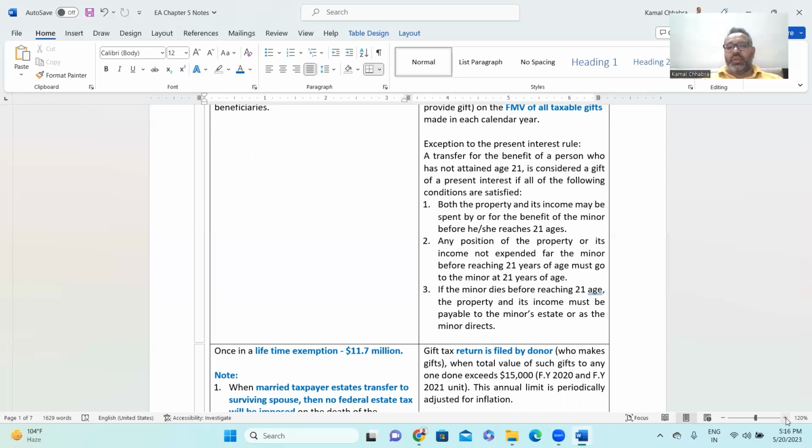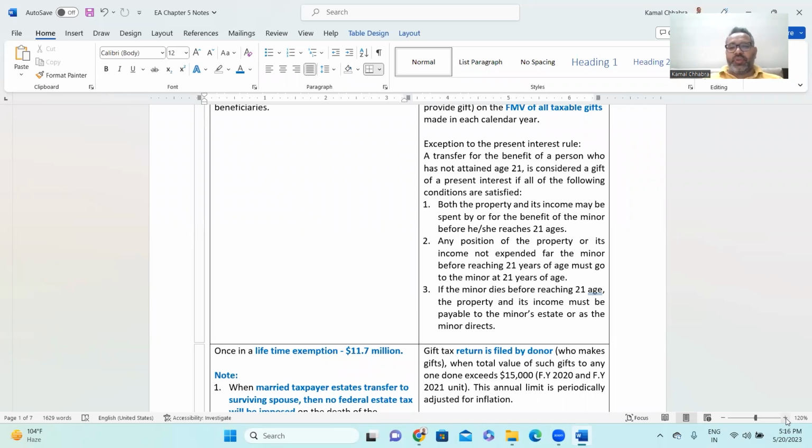First, both the property and the income may be spent by or for the benefit of the minor before he or she reaches age 21. That means the amount you are giving as a gift is for the benefit of the minor, who is a person less than 21 years of age.